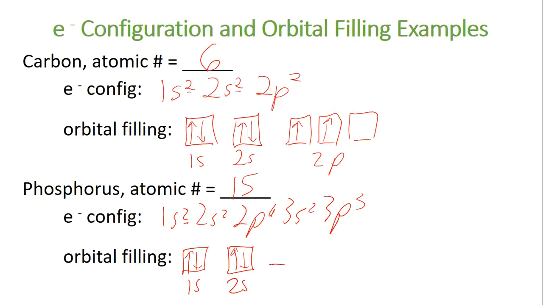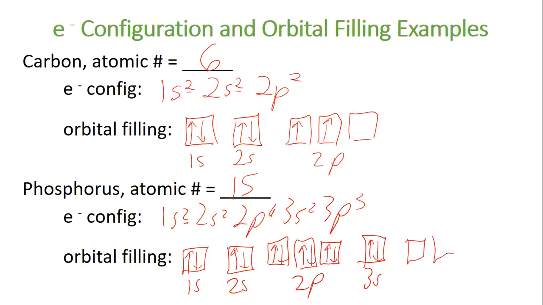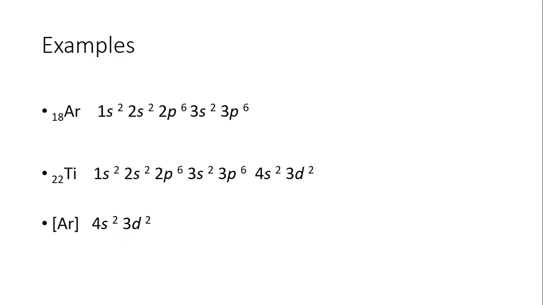The 2p is going to have 3 orbitals, and each one goes up and down. Then the 3s has a full one, and then the 3p, in this case, has 1 electron in each one going up. All right, so 3 electrons going on their own space on the bus, kids on the bus.